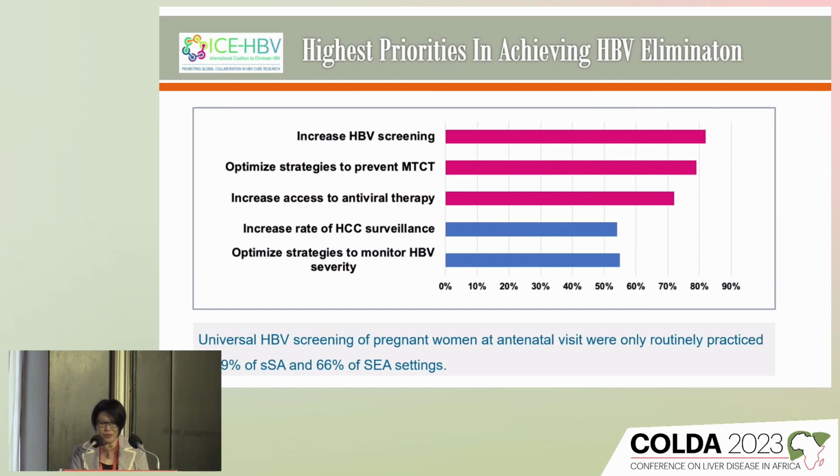However, universal hepatitis B screening of pregnant women was only routinely practiced in 59% of Sub-Saharan and 66% of Southeast Asia regions. Other important priorities are increased access to antiviral therapy, increased rate of HCC surveillance, and also optimized strategies to monitor HBV severity.